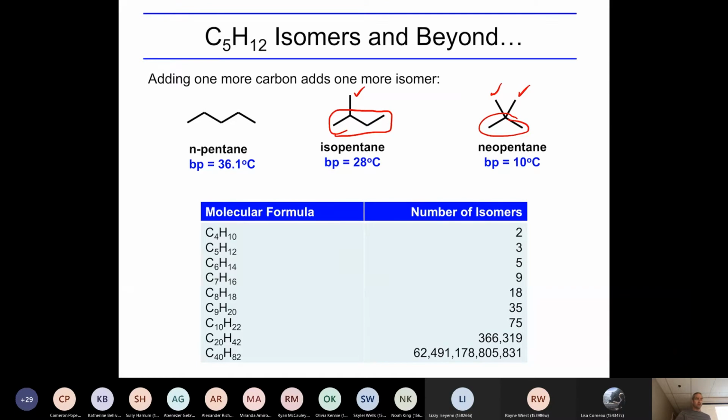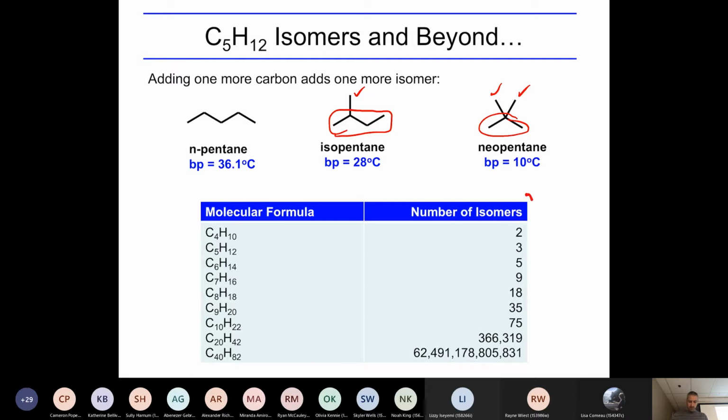The atoms are sort of connected in fundamentally different ways. They have different boiling points. They would have different heats of combustion. They'd have different rates of reaction towards oxygen or whatever it is you're trying to measure. These are, for all intents and purposes, distinct molecules, distinct compounds, sort of unrelated to each other except that they have the same molecular formula. There's nothing special about isomers that makes them more likely to be reacting similarly.